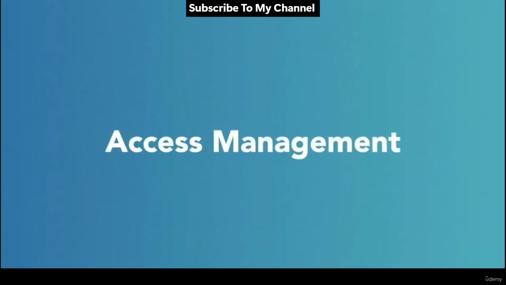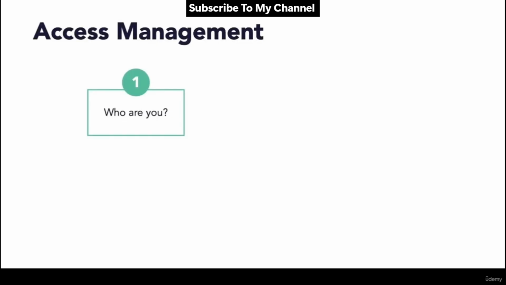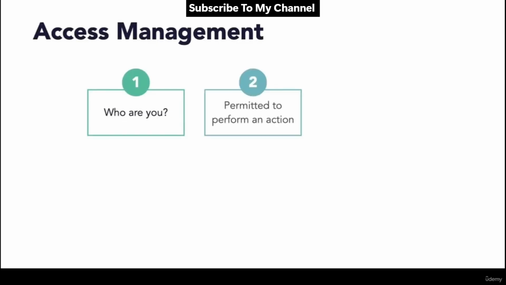Before a client such as kubectl or another Kubernetes component can perform any operation in Kubernetes, it must meet three criteria. The client must prove it is who it claims to be. The client must be permitted to perform the action it is requesting.